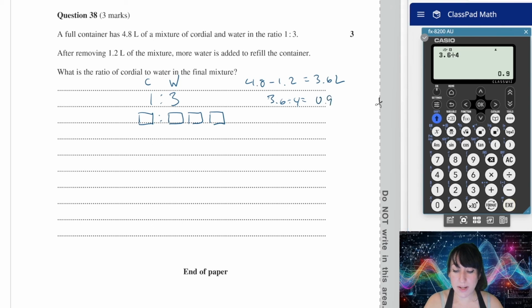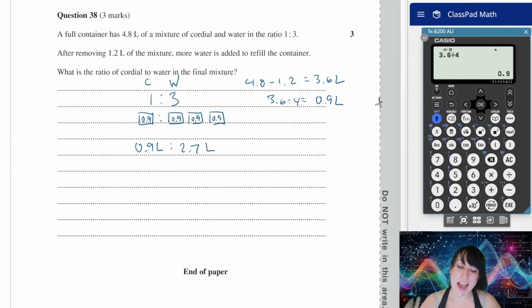So that's 0.9 liters per part. I just fill that into the boxes. So of course you have 1 lot of 0.9 on the left, 0.9 liters of cordial, and 3 lots of 0.9 on the right. Now 0.9 times 3 is 2.7. Okay, so now we know exactly how many liters of each thing we have.